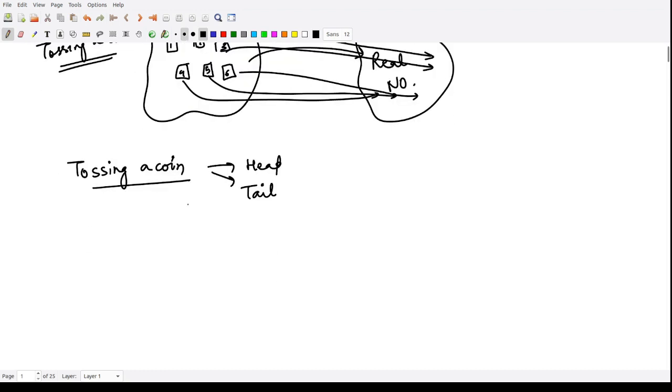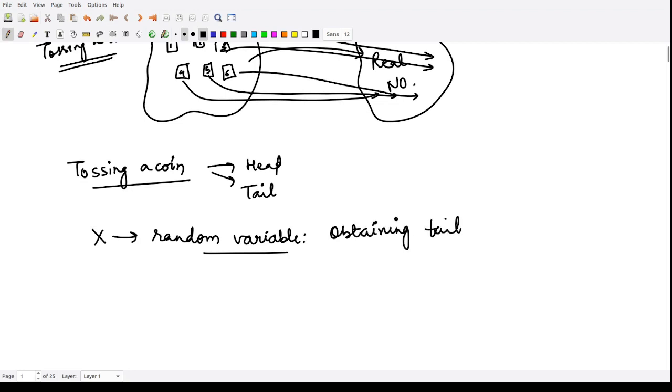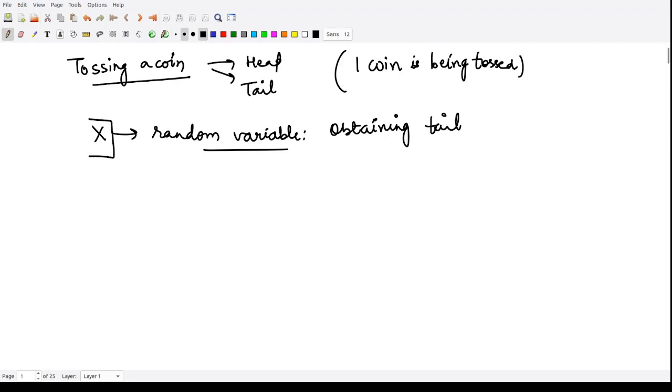If x represents the random variable and I assign it the meaning of obtaining tail, and we suppose only one coin is being tossed, I have to construct the random variable corresponding to the sample space.